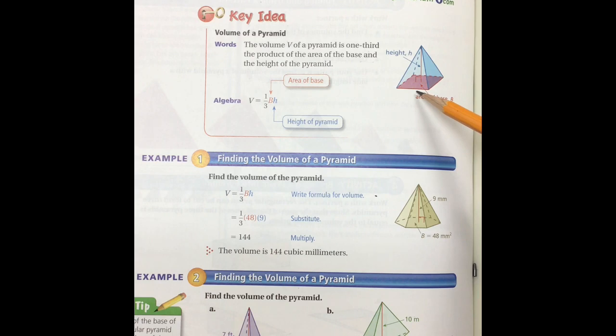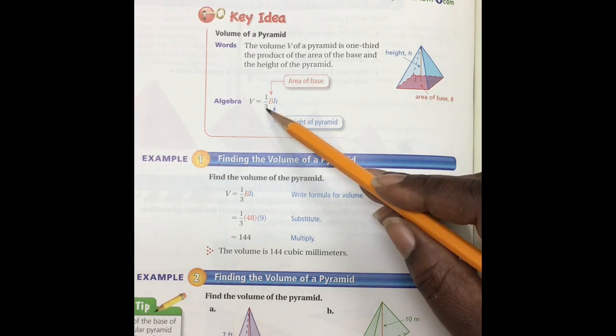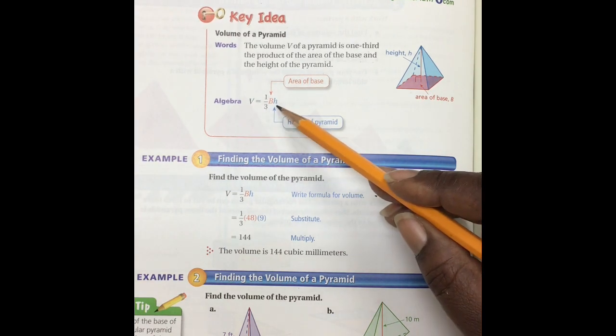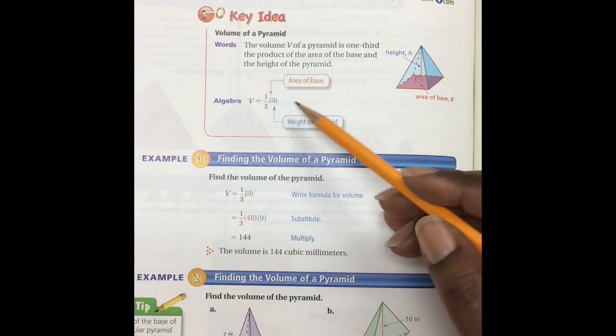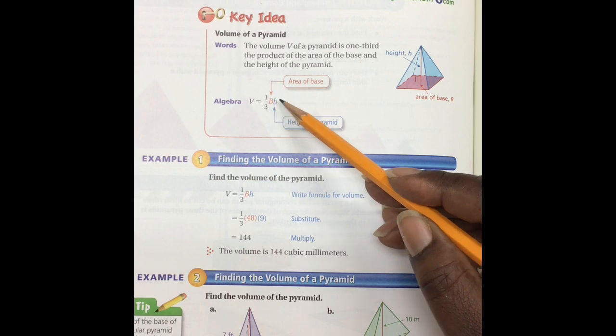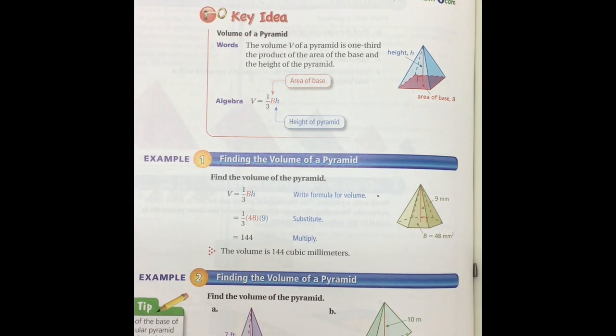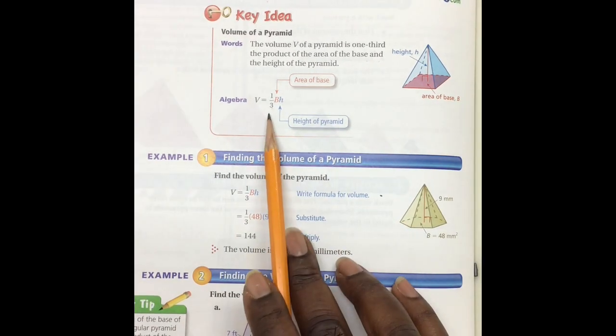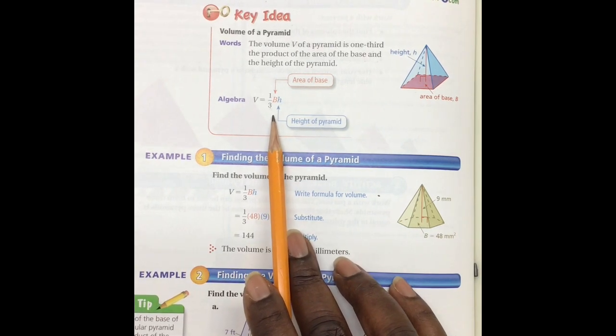So you would multiply the length times the width, take 1/3 of it, and then multiply by the height. So it is 1/3 the base times the height. That's the formula for the volume of a pyramid.